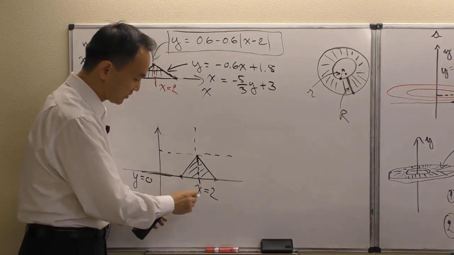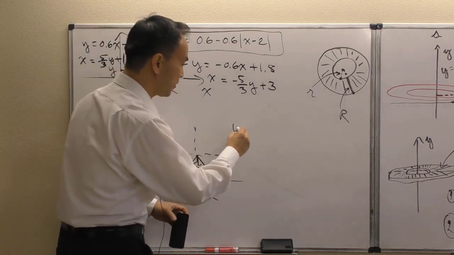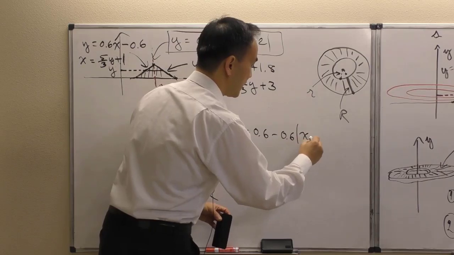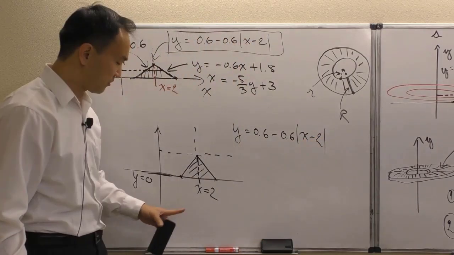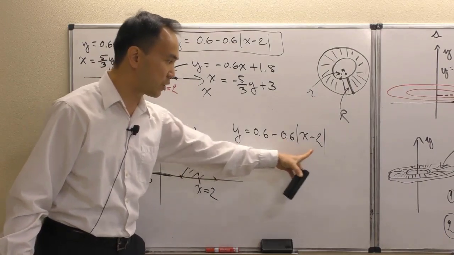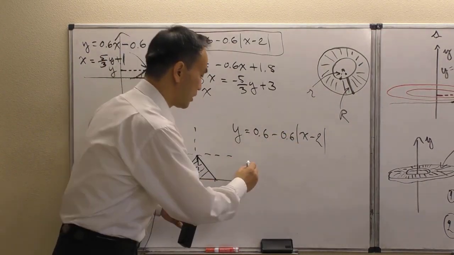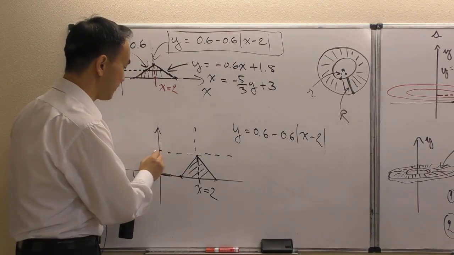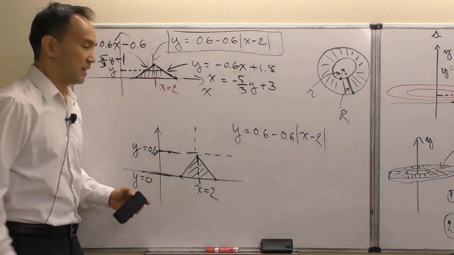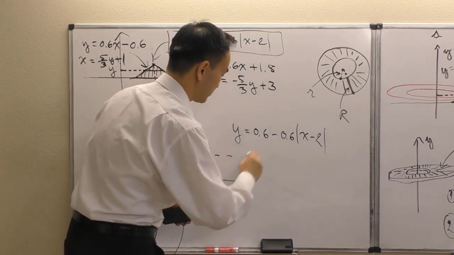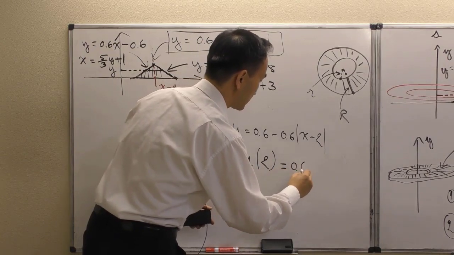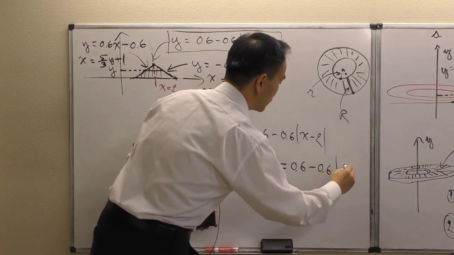And so now I'm going to substitute, because our function was originally given as 0.6 minus 0.6 times the absolute value of x minus 2. Simply substitute x equals 2 into this expression. That gives a 0 on this term, and so this maximum y value has to be y equals 0.6. So y at x equals 2 is 0.6 minus 0.6 times 2 minus 2.